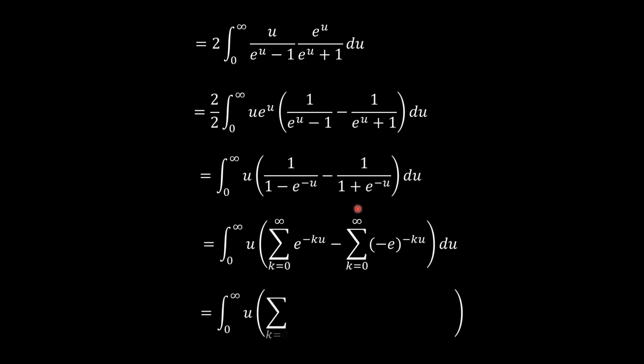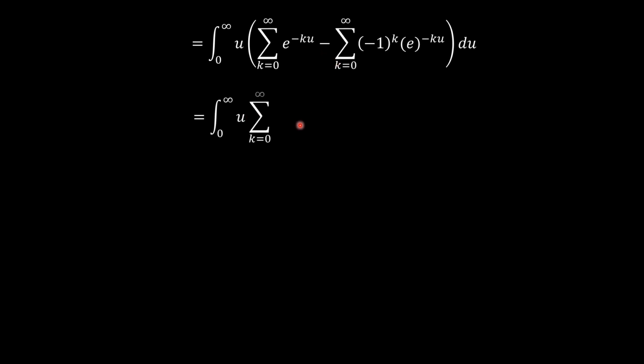So we have our geometric progression here as shown, and we can pull the negative 1 to the power k here, so that we do have our nice expressions shown here. So the next thing we can do now is combine the constants. So we have 1 minus negative 1 to the power k in brackets, and then e to the power negative k u.